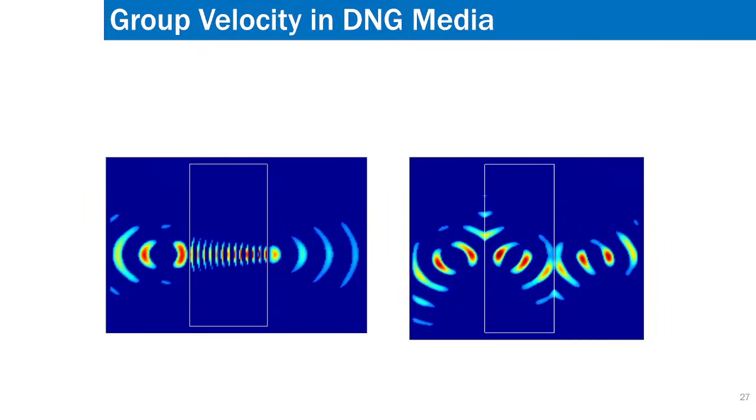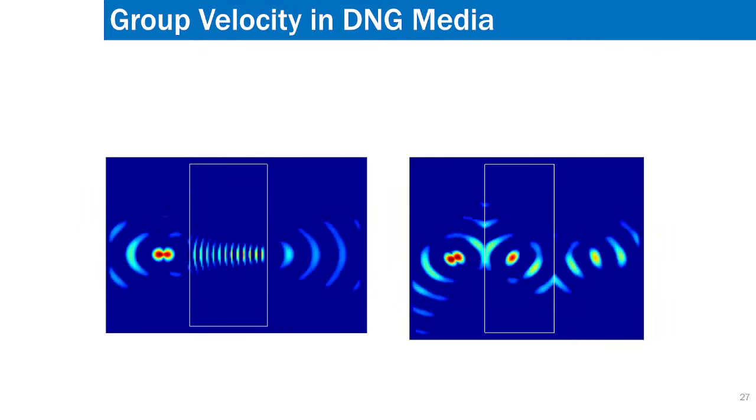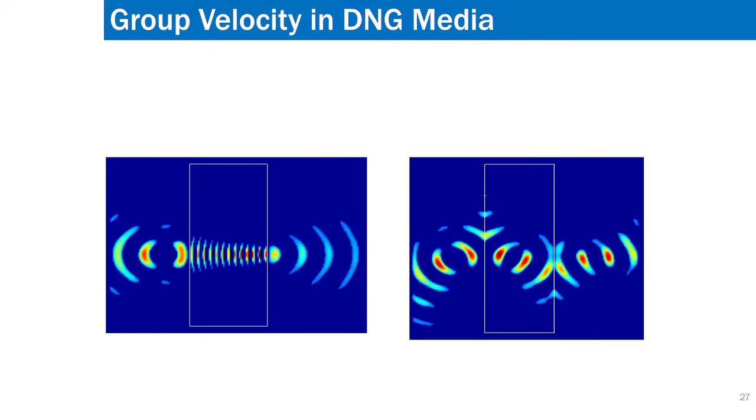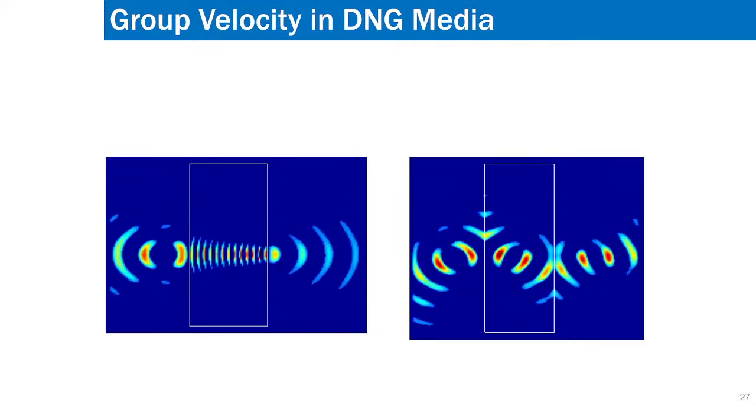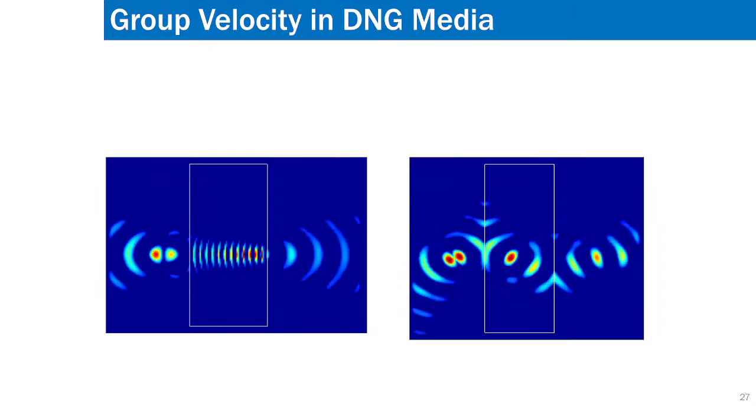Now you can see a simulation of phase velocity and group velocity. We have taken a DNG slab. This is the white rectangle border. Within that is the DNG material. We can see the propagation within that material. Outside that material, the propagation is towards the material.